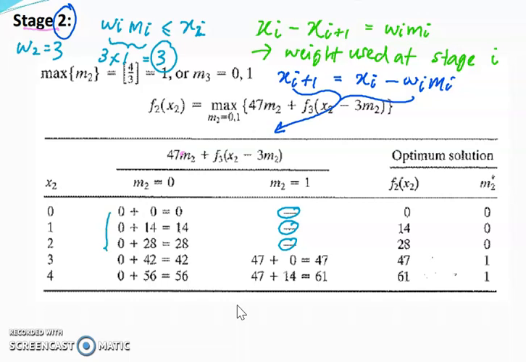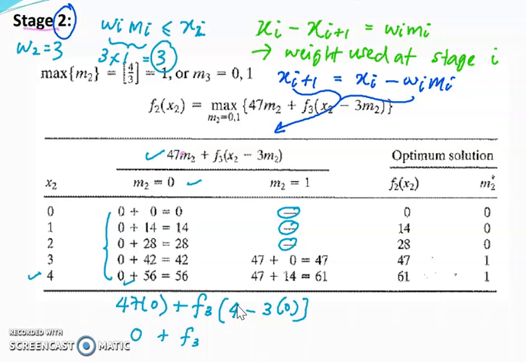Then the values here can be obtained using this equation. So for example, for x2 equals 4 and m2 equals 0, it will be 47 times 0. So you get 0 plus f3 of x2, which is 4 minus 3 times 0. So we have 0 plus f3 of 4, since 3 times 0 is 0 and 4 minus 0 is 4.